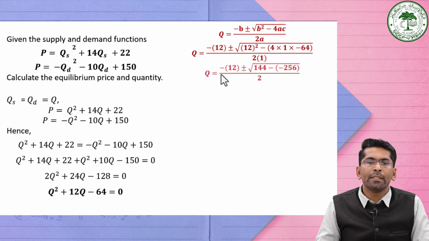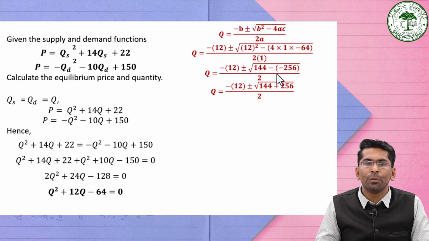Minus 12 as it is, then under the root 12 square, which is 144, minus 4 into 1 into minus 64, which is minus 256. Since we have minus, it will become plus. So Q is equal to minus 12 plus or minus the square root of 144 plus 256, divided by 2.